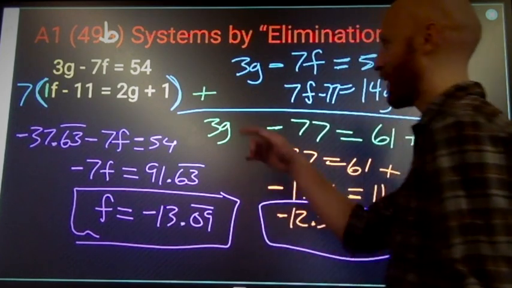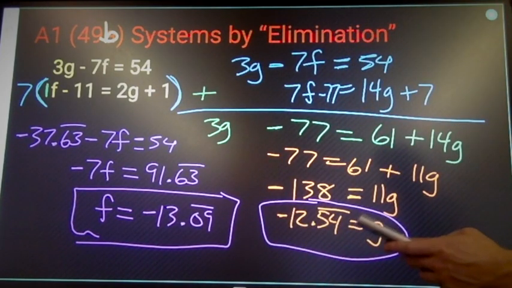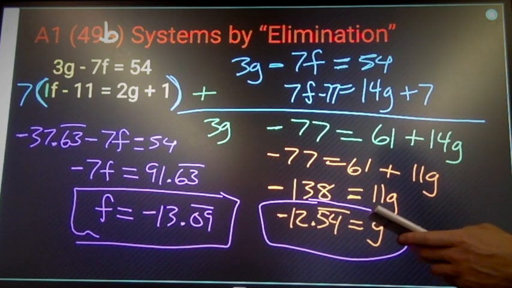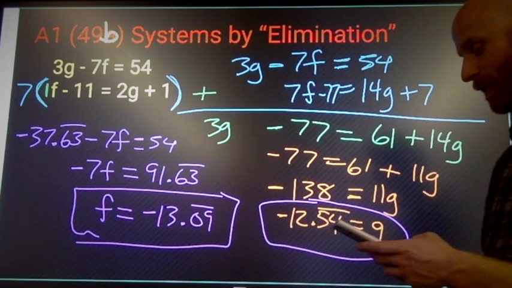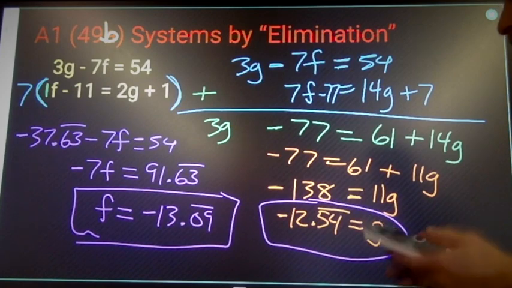Are you making the situation true? 3 times negative 12.5454545454 minus 7 times negative 13.0909090909 equals 54.